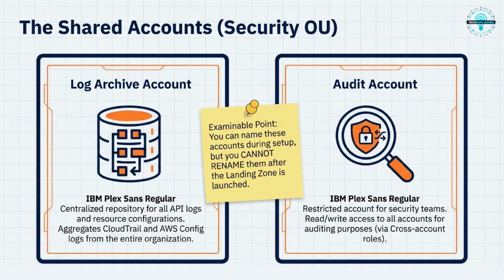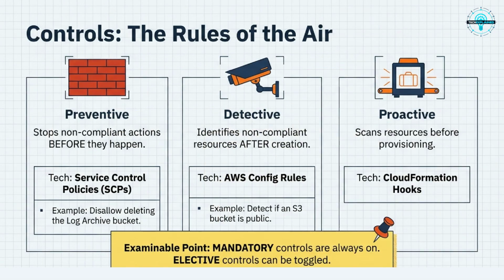Remember that. Okay, now we get to one of the most powerful features of Control Tower, controls, also called guardrails. Think of controls as the rules of the air. They're policies that define what is and isn't allowed in your environment. There are three types. Preventive controls stop non-compliant actions before they happen. They're implemented using service control policies, or SCPs. For example, a preventive control might block anyone from disabling CloudTrail.